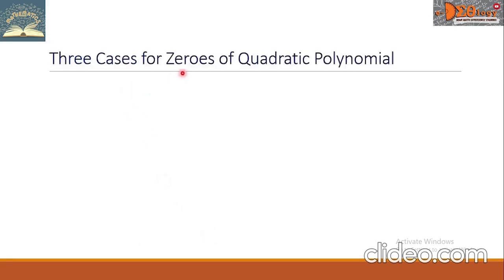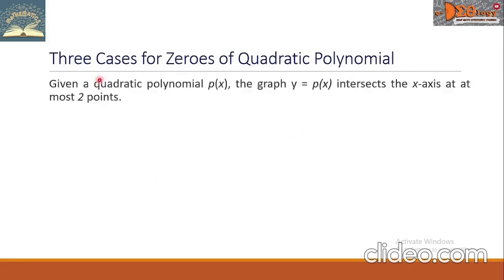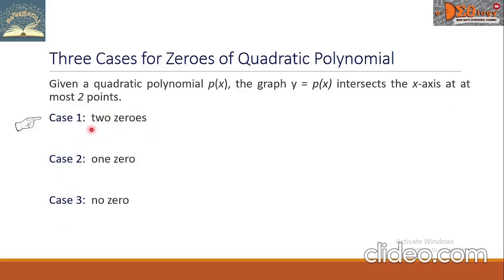We have three cases for zeros of a quadratic polynomial. Given a quadratic polynomial p of x, the graph y equals p of x intersects the x-axis at most 2 points. So we have the three cases. Case 1, when we have two zeros.